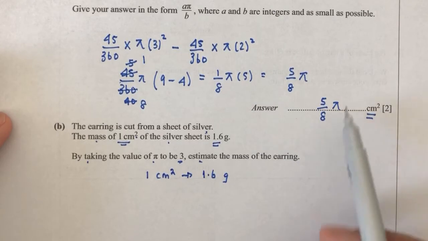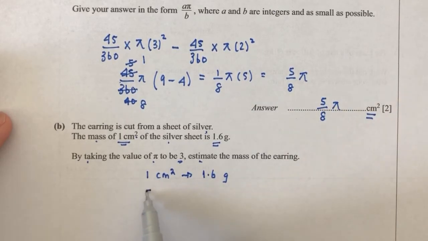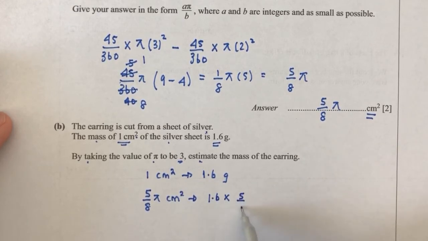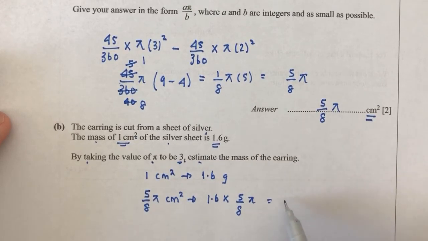So now the area is 5 over 8 pi centimeter square, which is 1.6 times 5 over 8 pi. We have to take pi as 3, so let's replace that. We have 1.6 times 5 times 3, divided by 8.